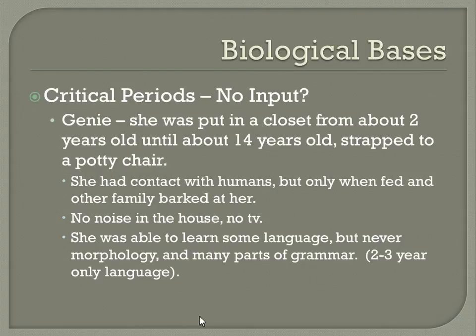So cat to cats, and go to went doesn't count, but walk to walked. Many parts of grammar were still foreign to her. The argument was she gained language to about the level of a 2 to 3 year old. That supports the critical period idea in that the biology was there, but the input wasn't.